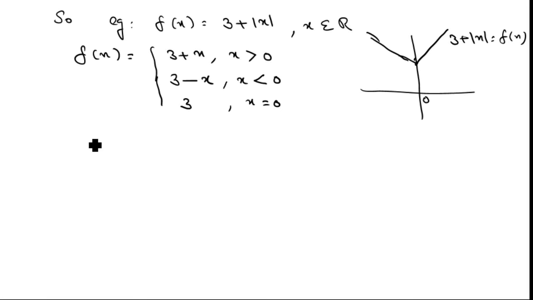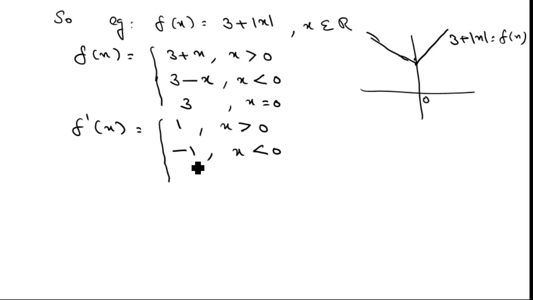So we'll find out what f dash x is now. When x is greater than 0, derivative of 3 is 0, derivative of x is 1. So 1 when x is greater than 0. When x is less than 0, derivative of minus x is minus 1. So it is minus 1 when x is less than 0. At x equal to 0, it is not defined.